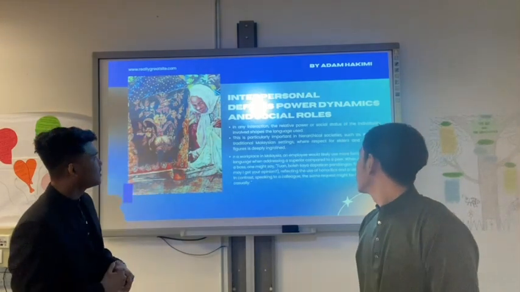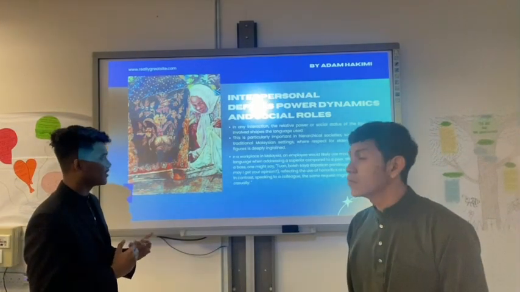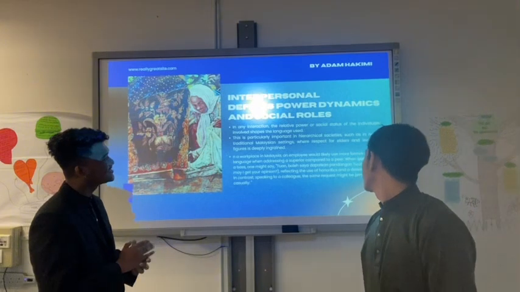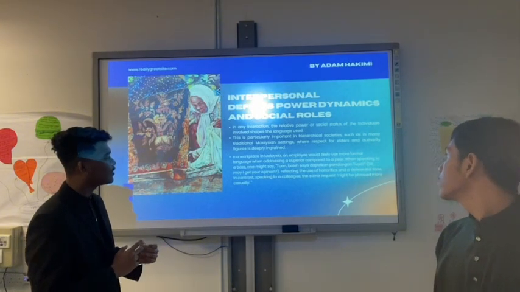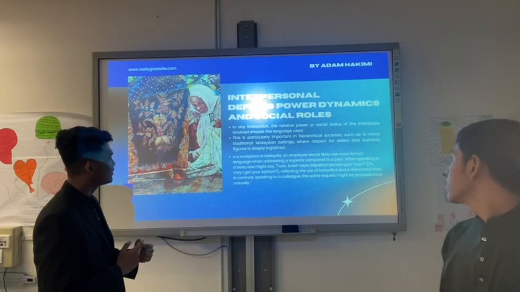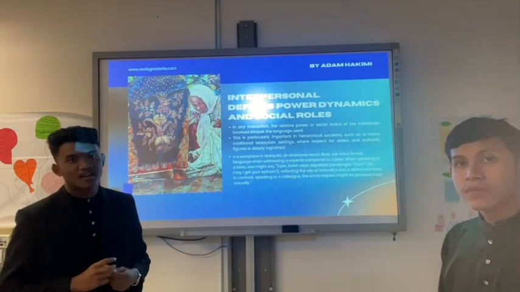The second one is important in hierarchical societies, such as in many traditional Malaysian settings, where respect for elders and authority figures is deeply ingrained.